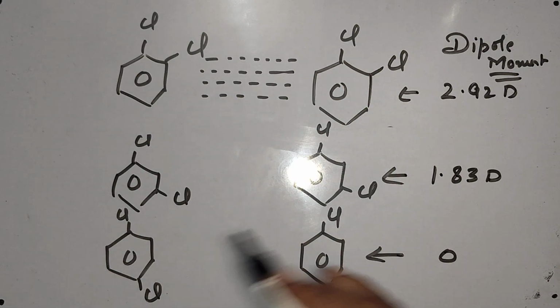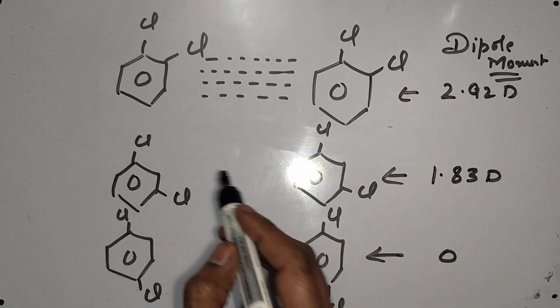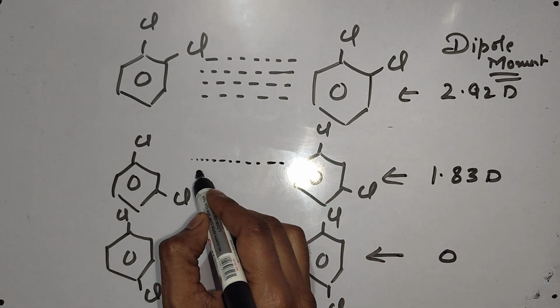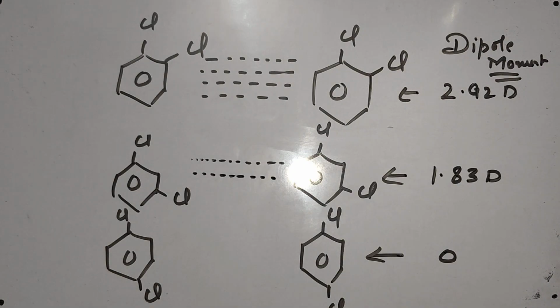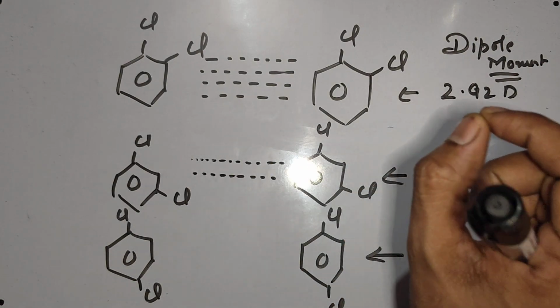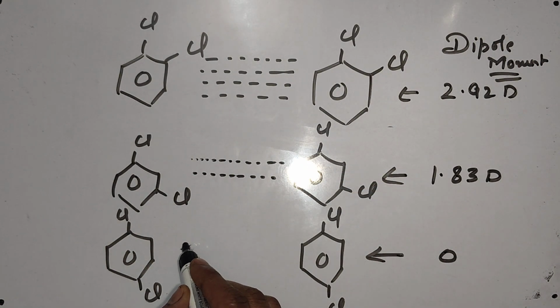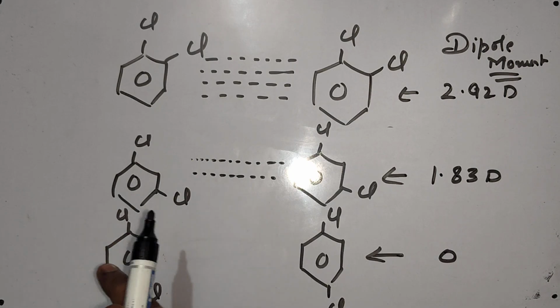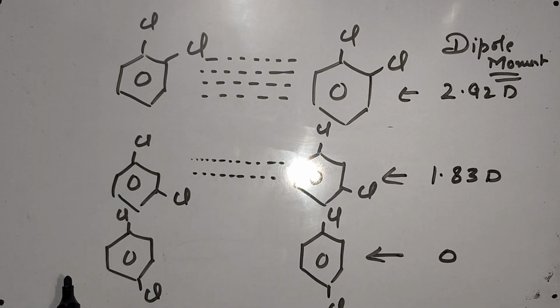Now when we move toward meta, you can check the dipole moment value has decreased. So in place of 4 lines, I am going to write only 2 lines. The 2 lines represent weak dipole-dipole interaction. Whereas in para, actually, I should not write any dipole-dipole interaction over there, because the dipole moment value is 0. The overall particle is non-polar. So there will be no dipole-dipole interaction.